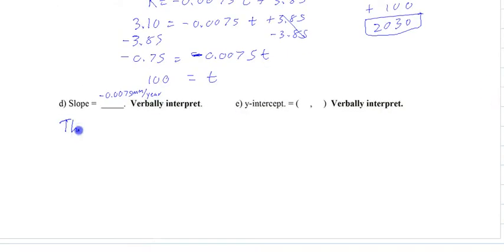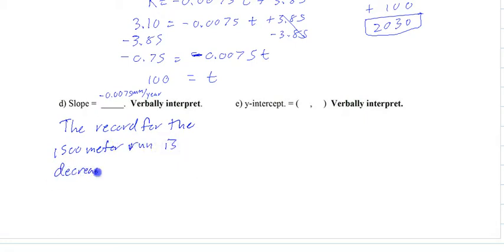So we say the record for the 1500 meter run is decreasing 0.0075 minutes per year. The reason I put decreasing is the negative.